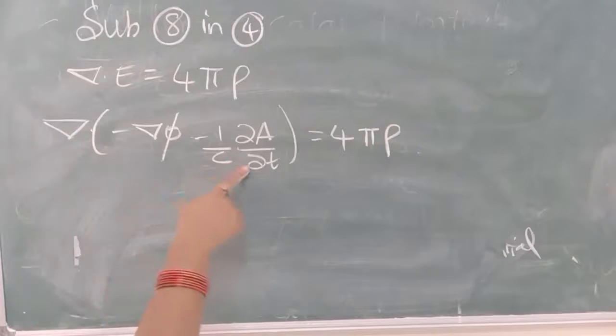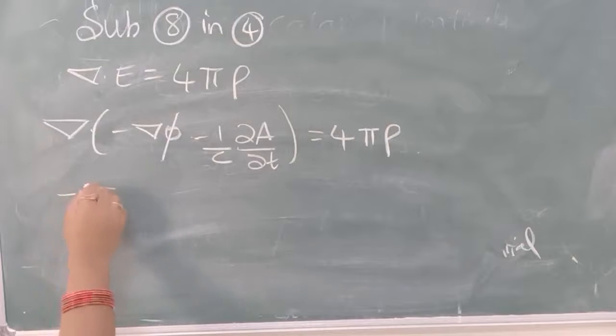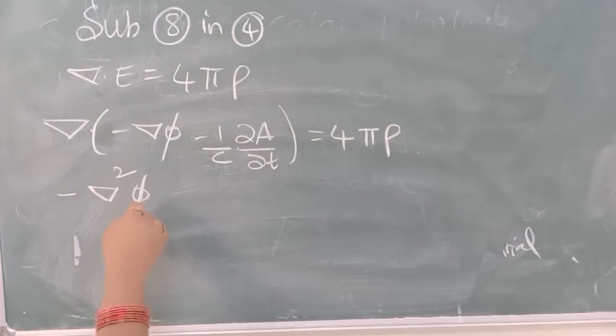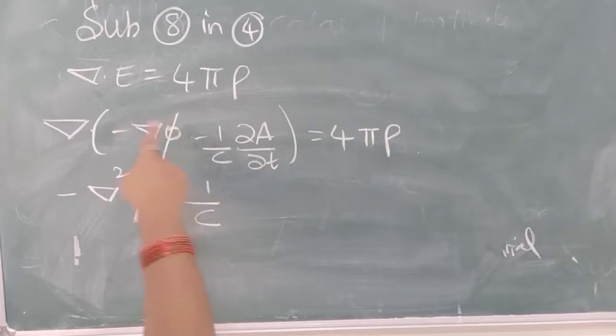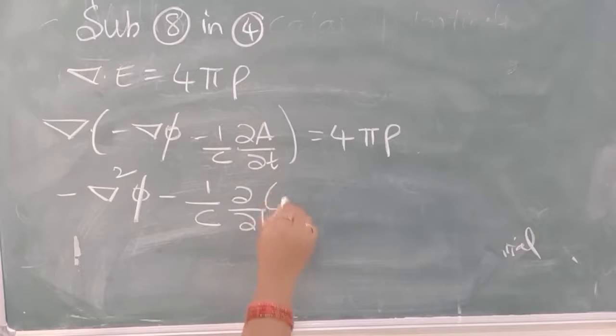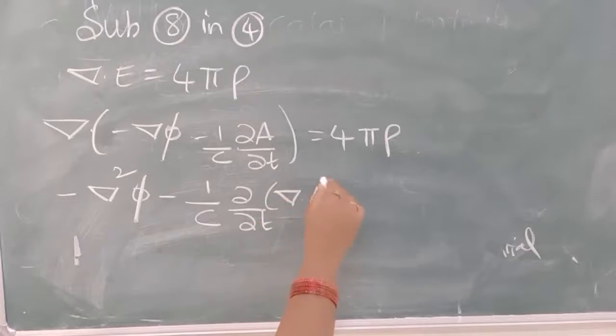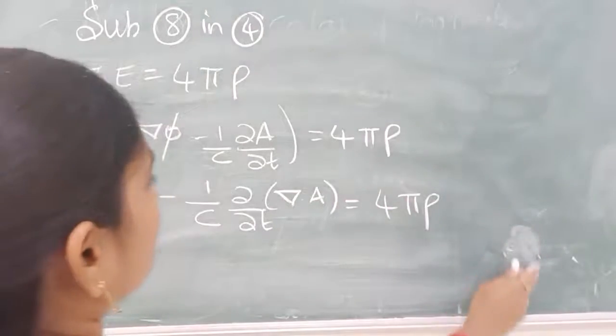Now multiply these terms: del into del gives minus del square phi, right? Then minus 1 by c into this term dou by dou t del dot A is equal to 4 pi rho.